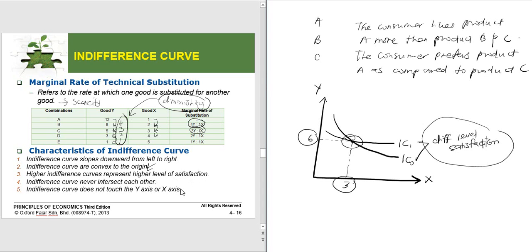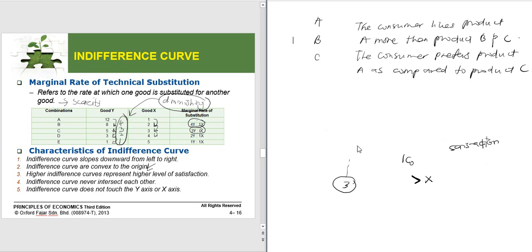Okay, the fifth characteristic is that the indifference curve does not touch the y-axis or x-axis, because the concept of the indifference curve is that it wants to show the combination of X and Y that a consumer can consume.